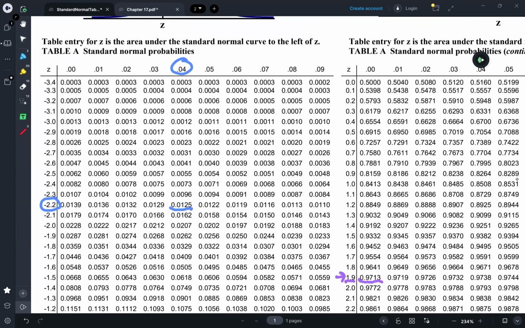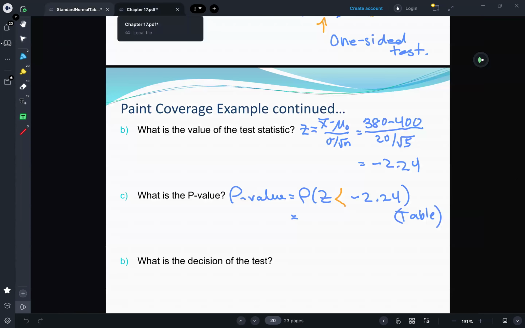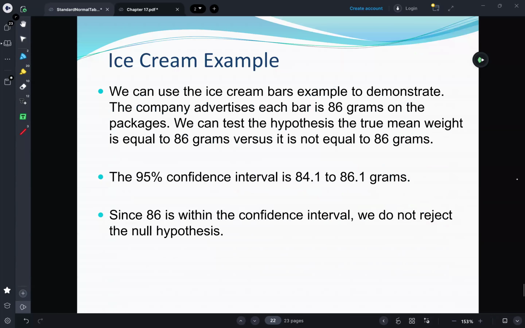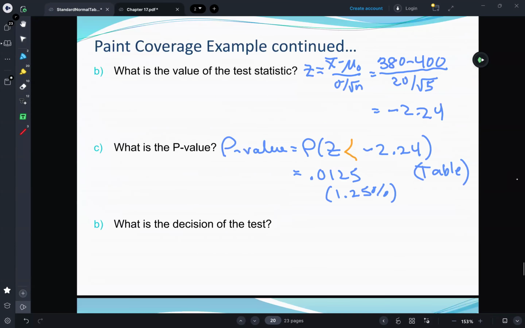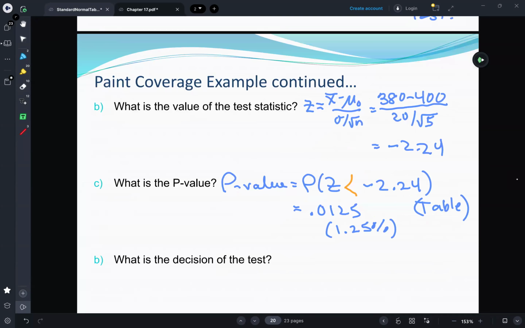Negative 2.24, I get 0.0125. That's 1.25%. All right, 1.25%.